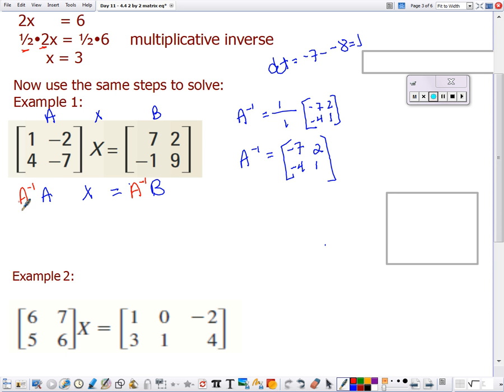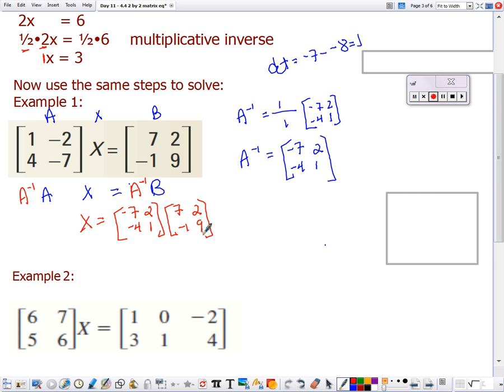When you multiply an inverse by the original, you get the identity matrix, which is why it cancels it, or it makes it that value of 1, just like here 1/2 times 2 is 1. So our matrix X is going to be A inverse times the B matrix.